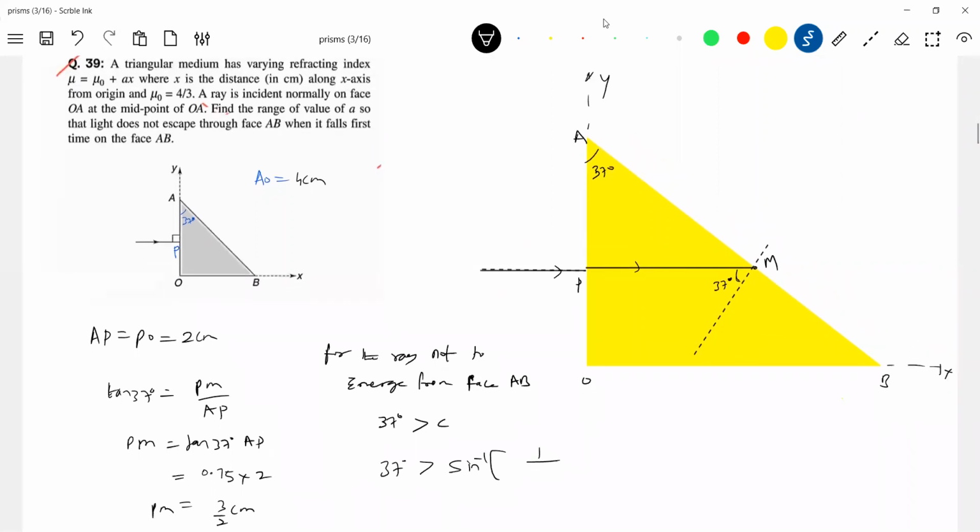What is the value? Mu naught plus A into X. This is the origin, no? In fact, mu naught value we know. So therefore I'll substitute the value of X. Sine 37.